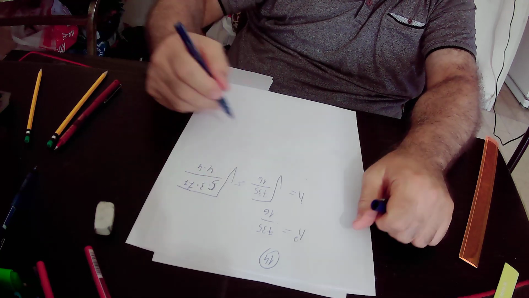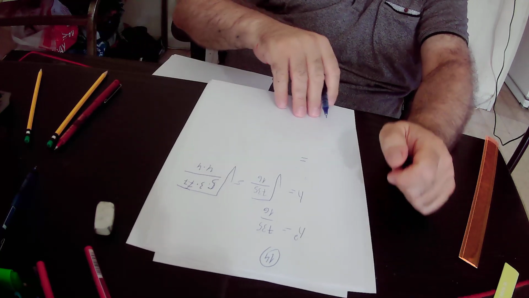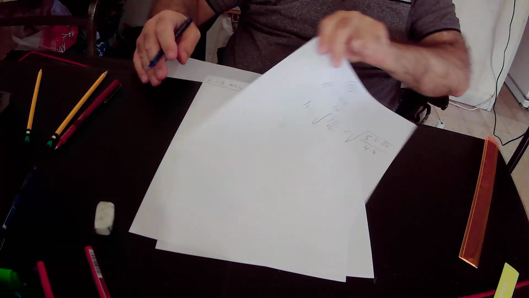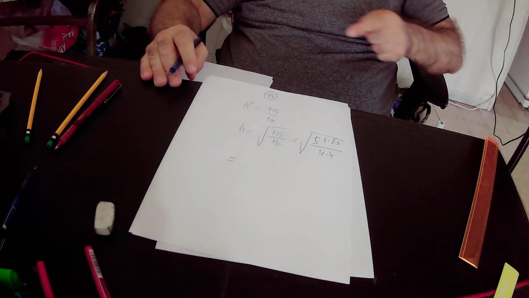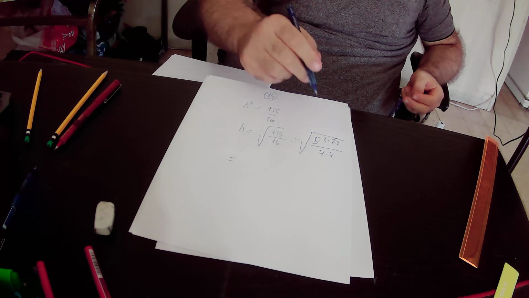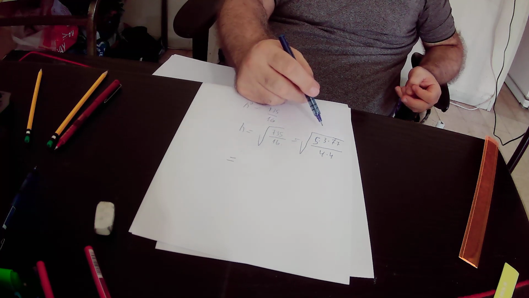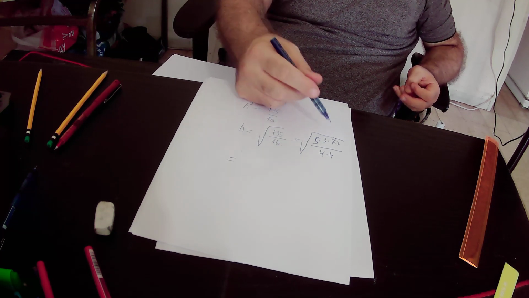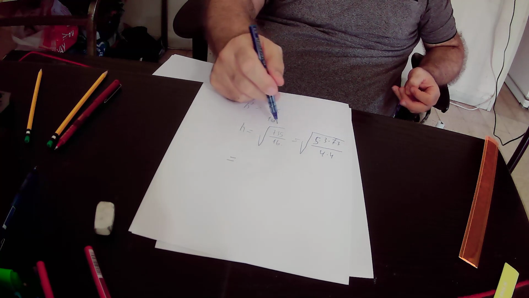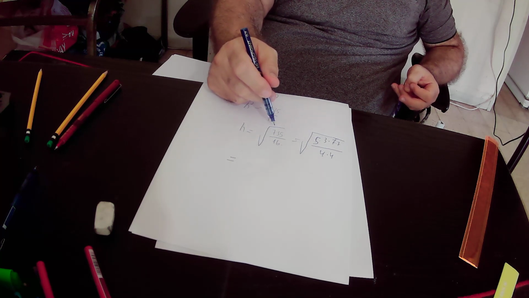So instead of 7,035, I wrote 5 times 3 times 7 times 7, that is equal to 735.